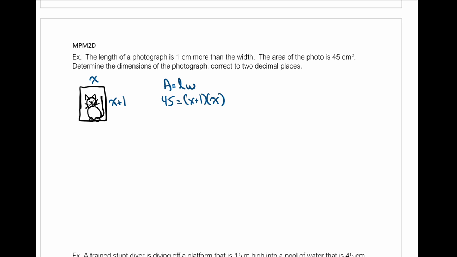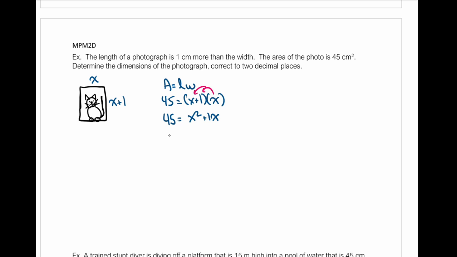Similar, we've seen questions like this. I need to get this into standard form, set equal to 0, before I can even solve for x. So what I want to do is expand the one side by distributing this x through to both terms. So x times x is x squared, x times 1 is 1x.